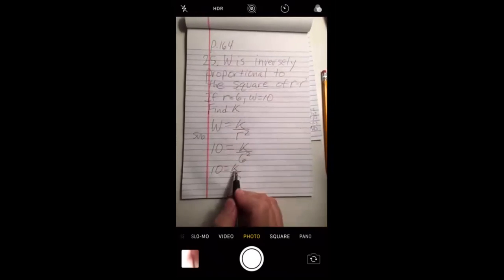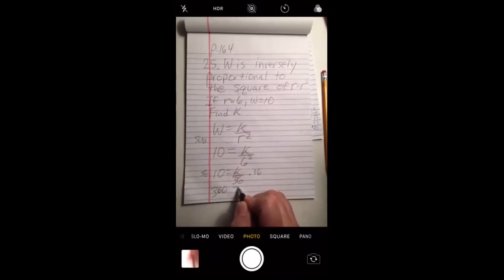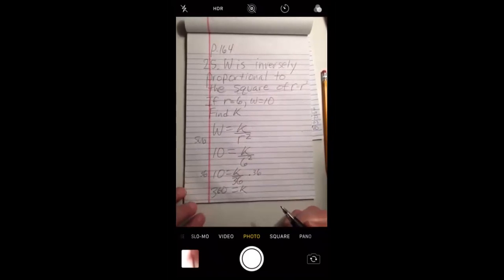All you got to do is clear the fraction, multiply both sides by the 36. Multiplying by 10 just adds a 0, puts a 0 on it. 360 equals K. Is that too fast? No.